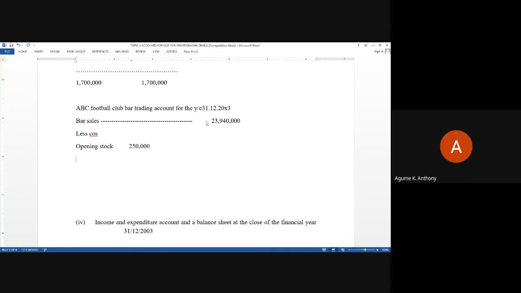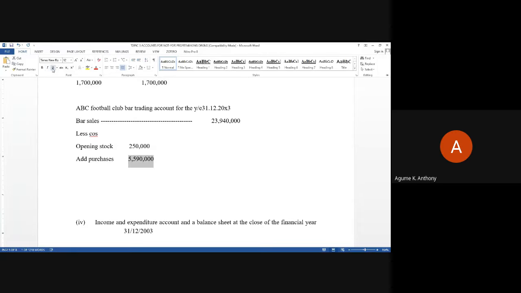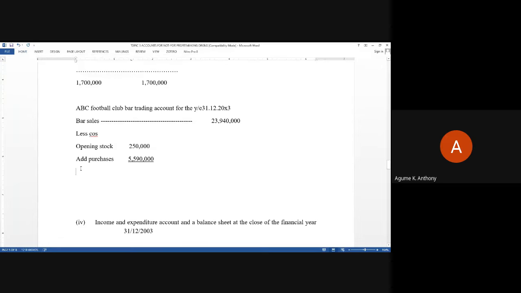Then you add purchases. The purchases are 5,590,000, because you also go and check your control account so that you get your cost of goods available for sale.